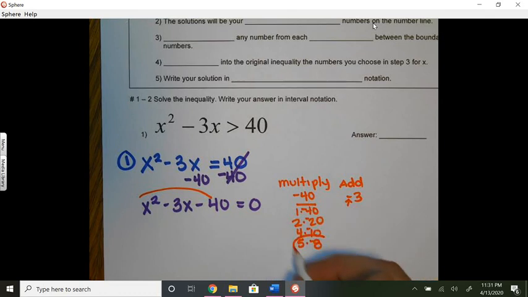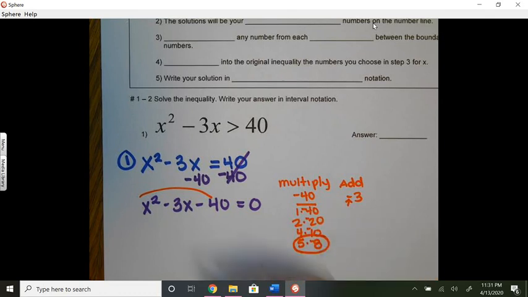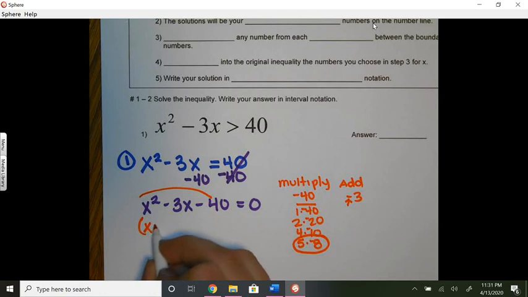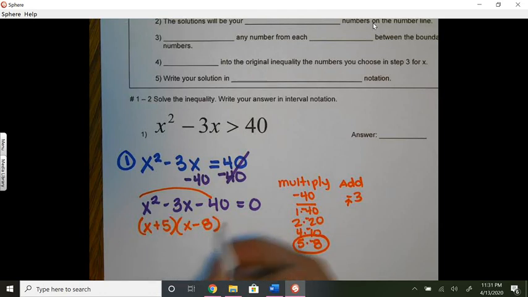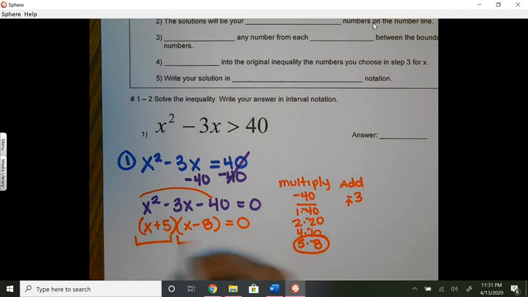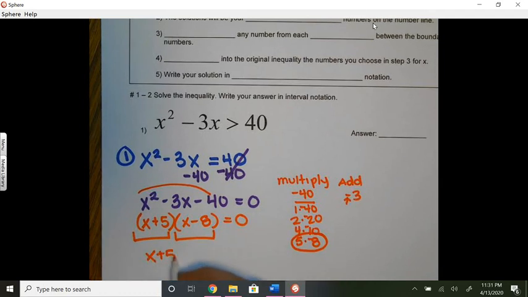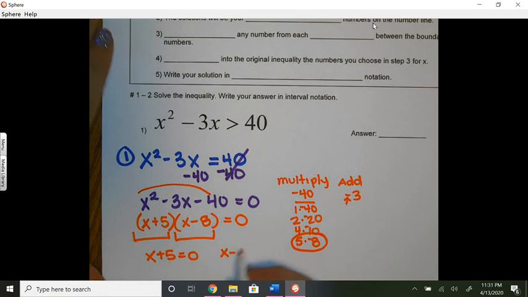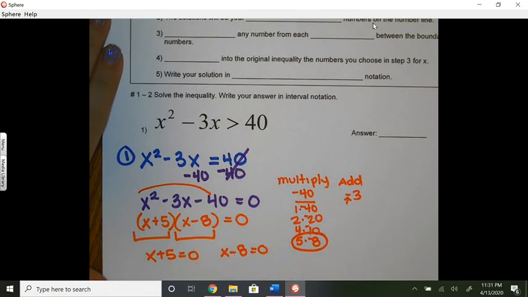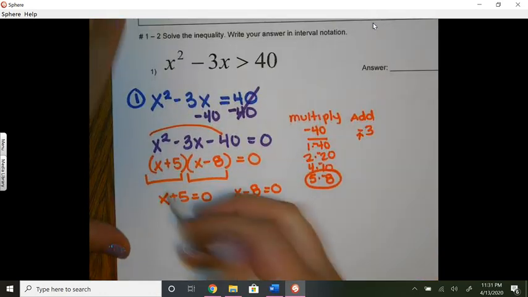And we would see that 5 and negative 8 would work. So we would have x plus 5 and x minus 8, and then we would set each of these equal to 0. And again, if you prefer to use a different method that you've learned from this chapter, that works.